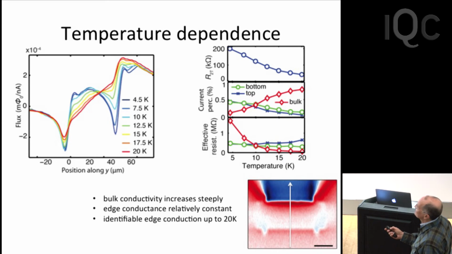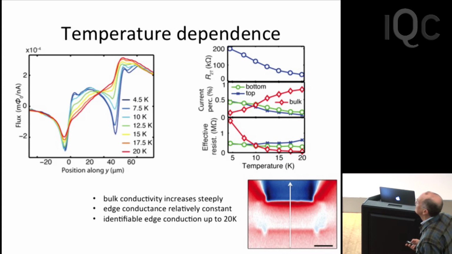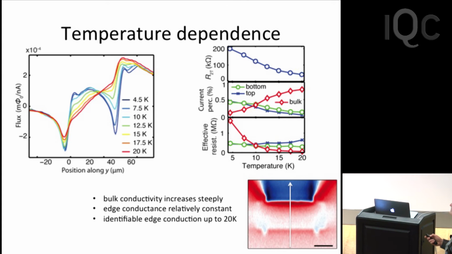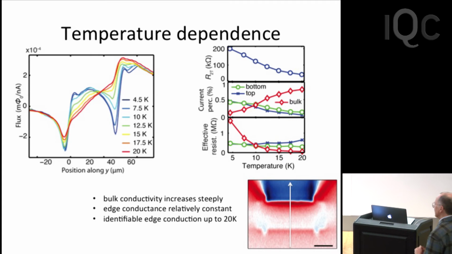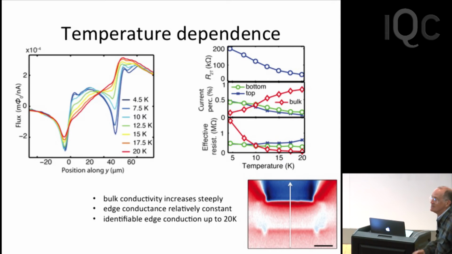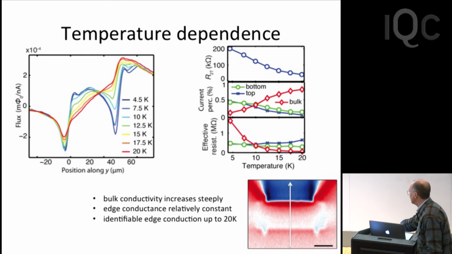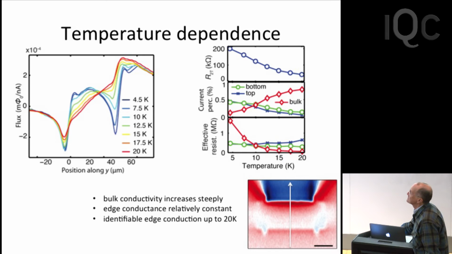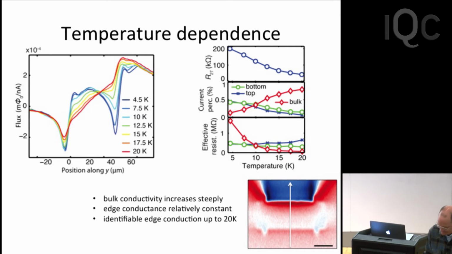But the conductance of either the top or the bottom edge really doesn't change much as a function of temperature. And I think that's saying something about the mechanism for scattering of the edge states. And in fact, that's an important thing, because if you want to make devices, you want to make them so that you can make them bigger than a micron. So that's an important thing.